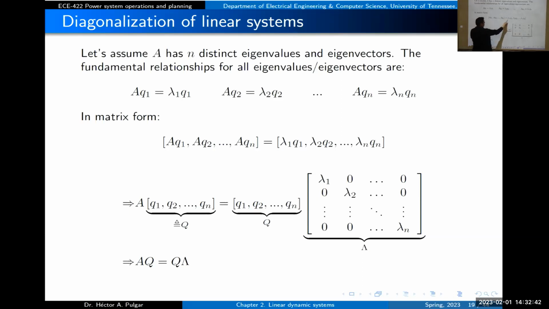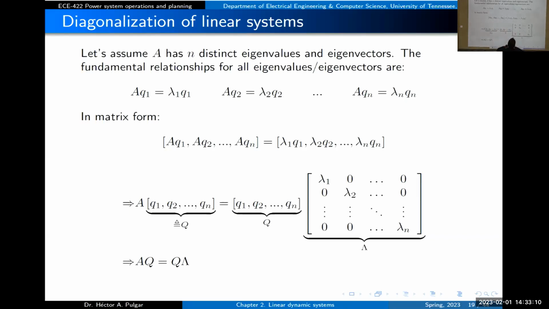And what do you get on this side? The first column is going to be q1 multiplied by lambda 1. The second column is q2 multiplied by lambda 2, and so on until the last column. That can be factorized in a very particular fashion from the right, where this matrix is now a diagonal matrix in which the diagonal terms correspond to the eigenvalues.